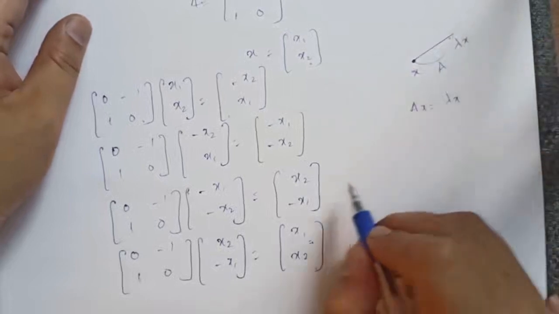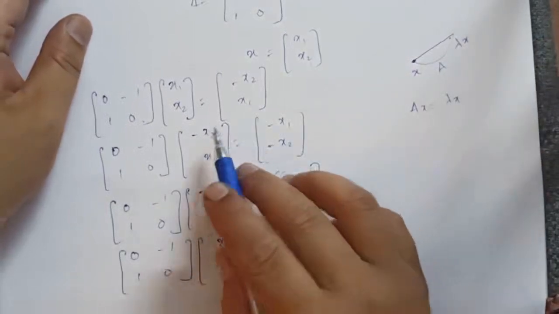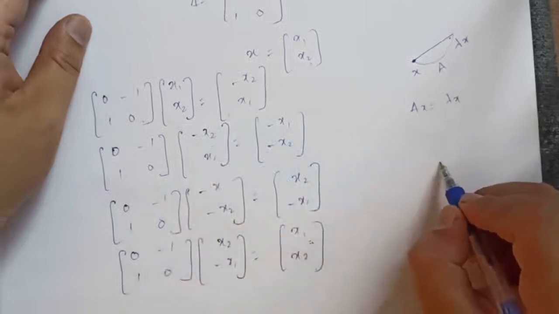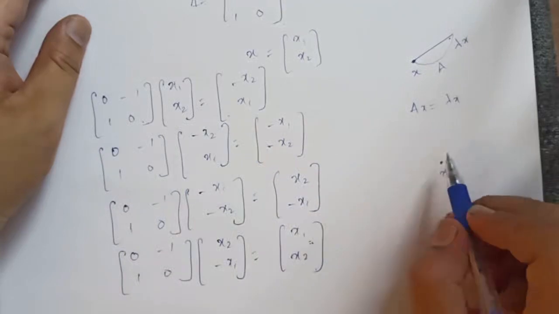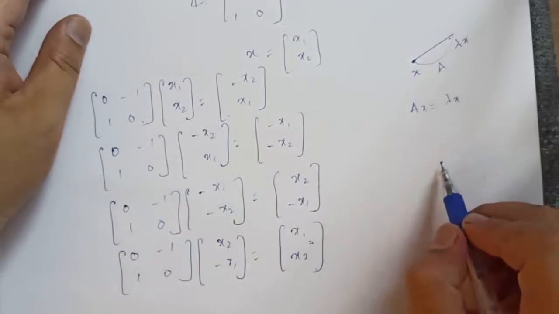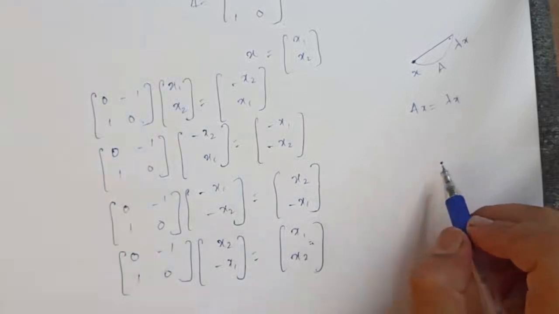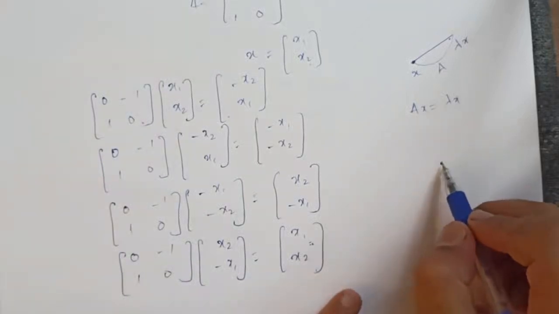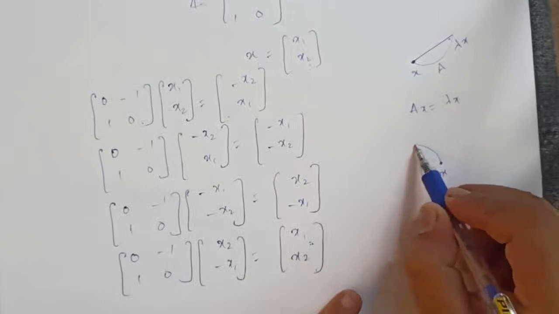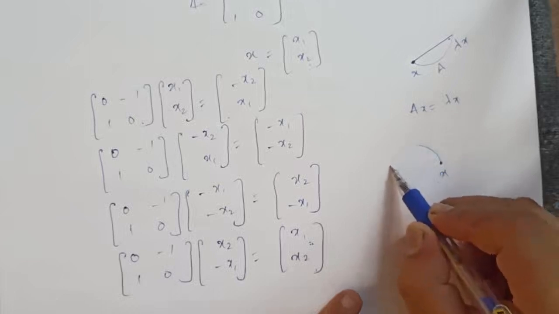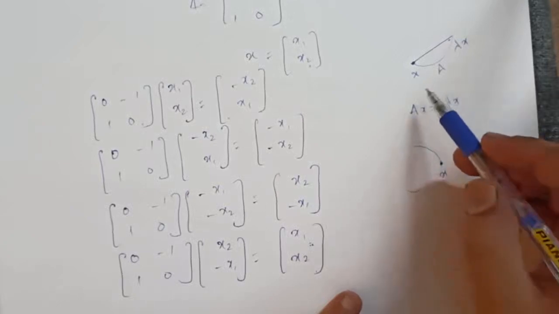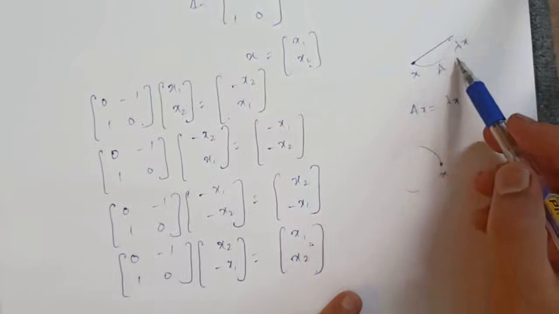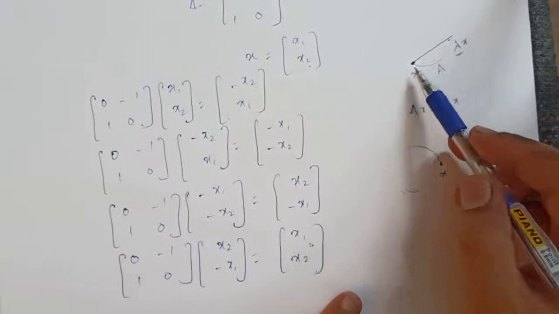But in the case of this scenario, given x, if you multiply it by A, it is going to rotate by 90 degrees. So it can go here, then here, then here, and then come back here. When lambda is a real number, what you have is linear scaling.